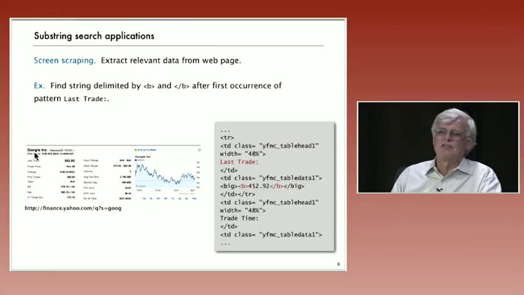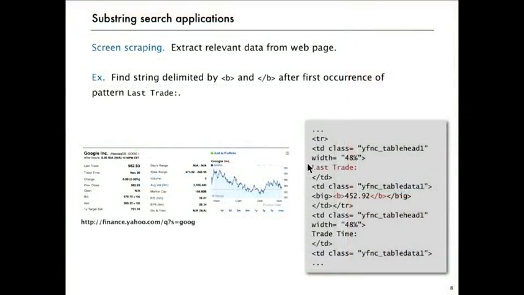When you look at the page, it says last trade. But if you write a program to look at the code that produces the page, it also says last trade. And since this HTML code is produced by a program, it's always going to have the same structure.